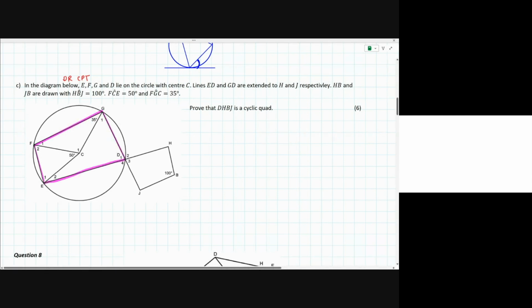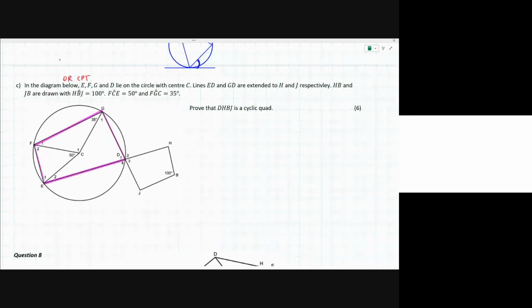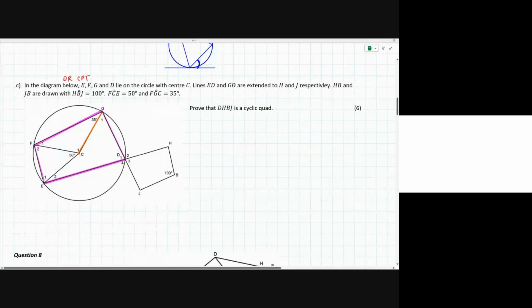Right, so we have a cyclic quad. Next thing we were told is the fact that the center of my circle is at C, which means that any line drawn from the center of my circle to the circumference is a radius. So we know CE, CF, and CG are all radii, which technically means that we know they're all equal in length.